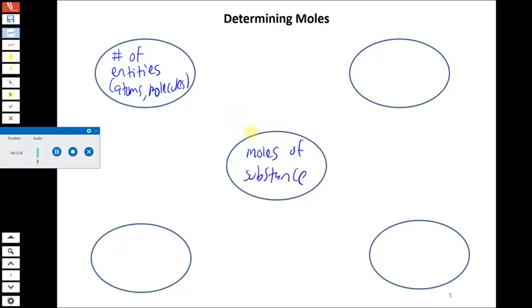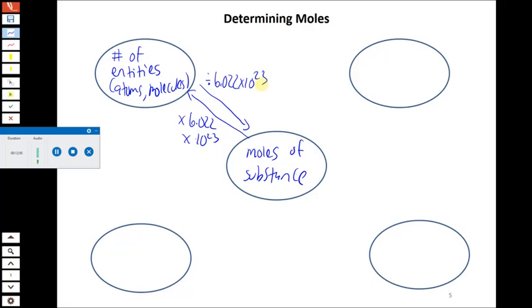So if you want to go from number of moles to number of entities, you multiply by Avogadro's number. And if you want to go in the other direction, if you have the number of atoms or molecules of your substance and you want to figure out how many moles that corresponds to, you divide by Avogadro's number. All right, so that's the one definition of a mole.